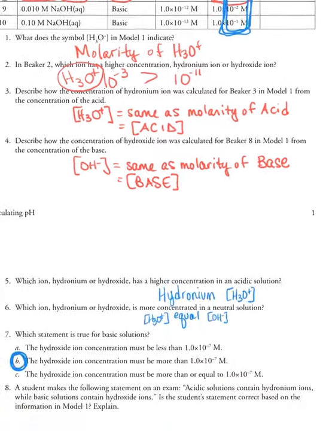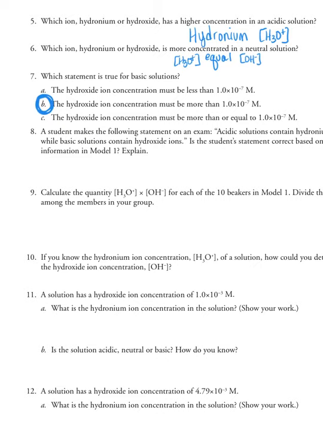Hopefully, looking at this, you can see that the student is not correct. So no, both ions are present. And if you remember from the video, they're both present because water, when the molecules collide, you get the H3O plus and the OH minus present.